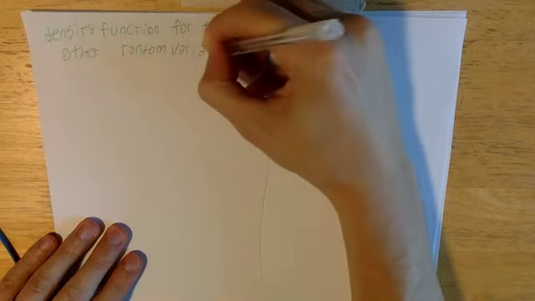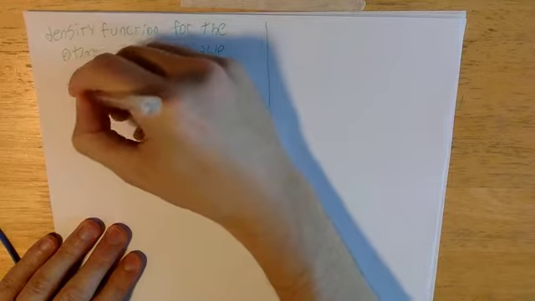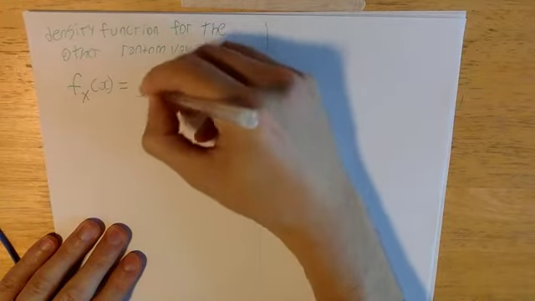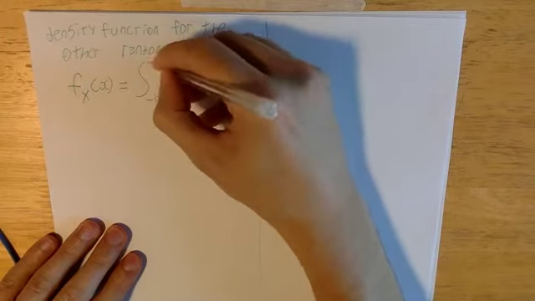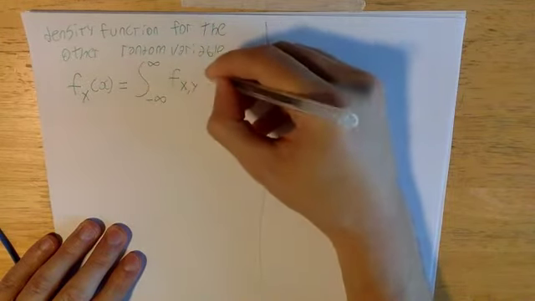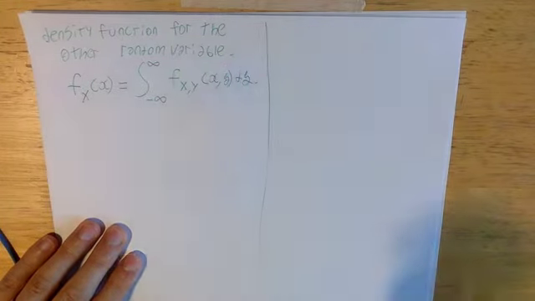Okay, so just to write it clean, f of X at x is equal to the integral from minus infinity to infinity of the joint density f of (X,Y) at (x, y), integrated in y.